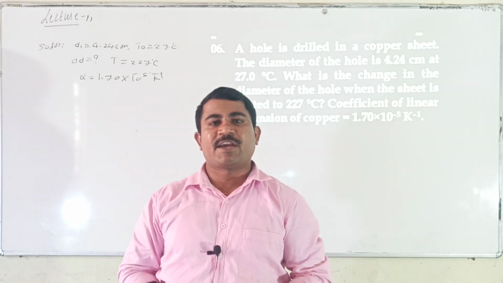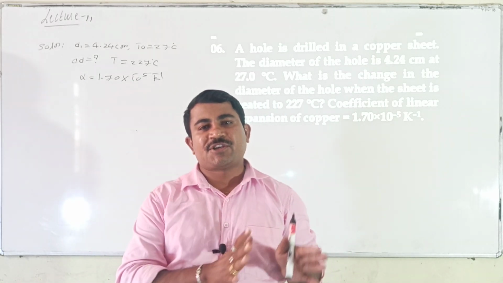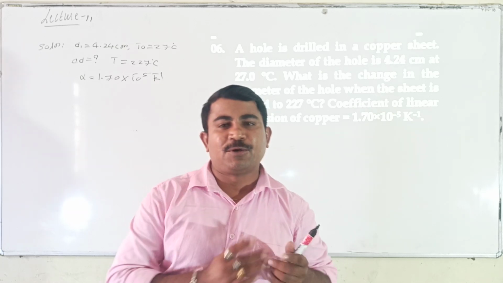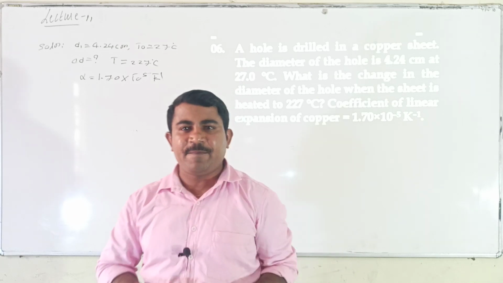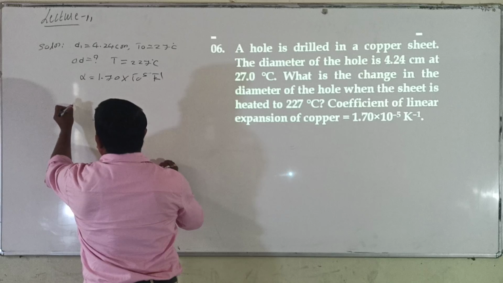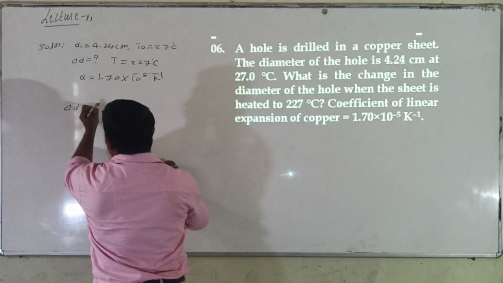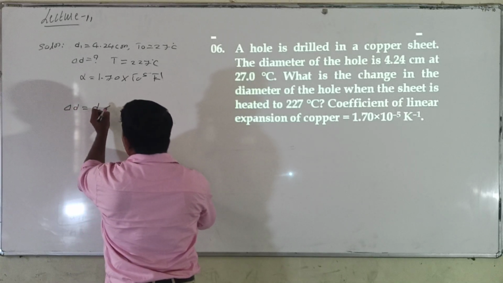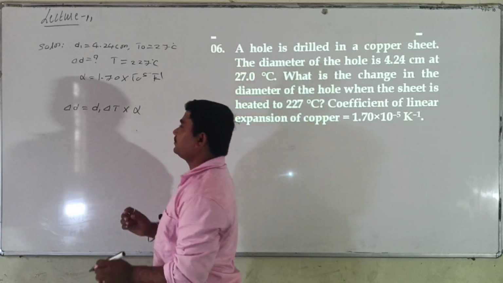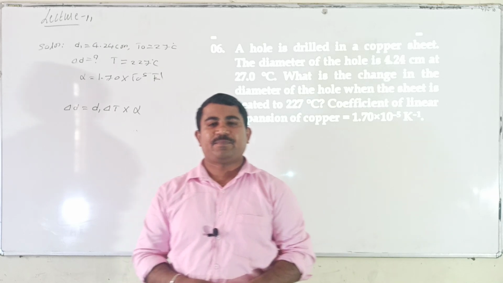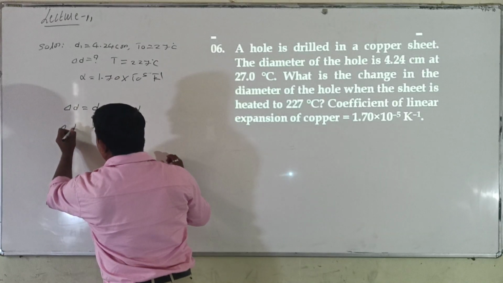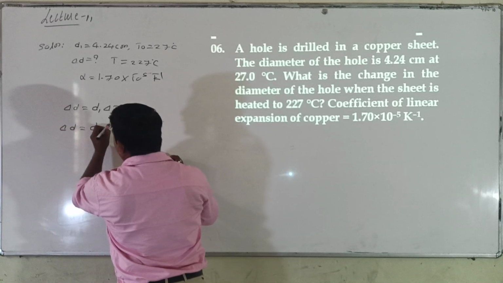Again students, we know that the change in diameter is directly proportional to the original diameter and directly proportional to the change in temperature, with constant alpha. So the change in diameter equals the original diameter into the change in temperature into alpha.